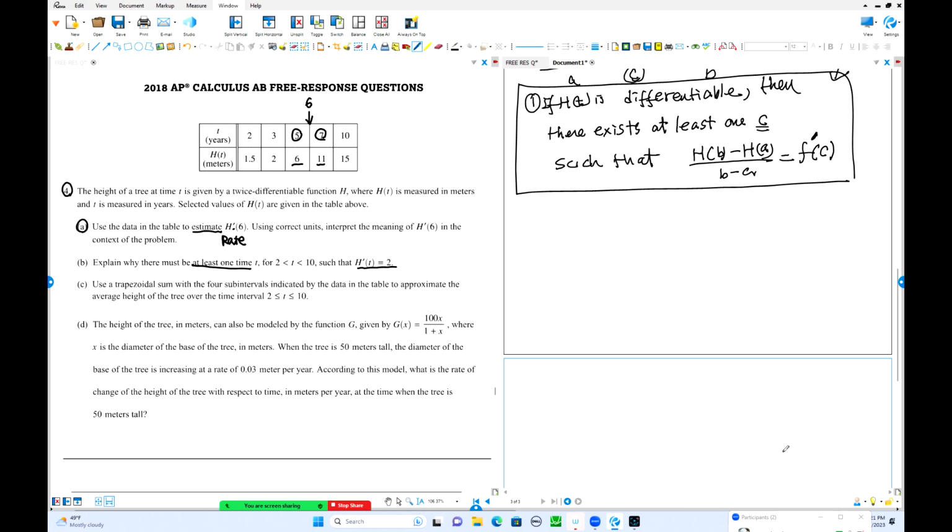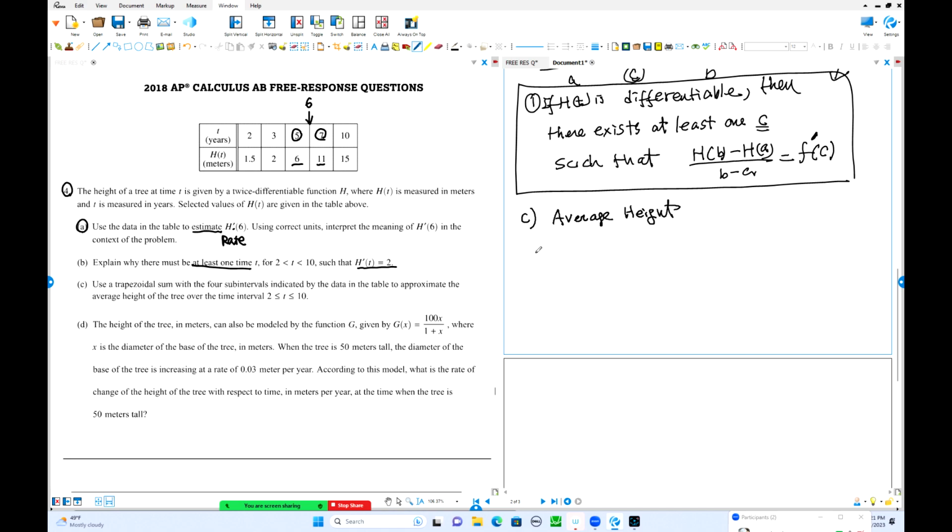All right, part C: use a trapezoidal sum with the 4 subintervals indicated by the data in the table to approximate the average height of a tree over the time interval 2 to 10. What is the average height? That is when you find average height.